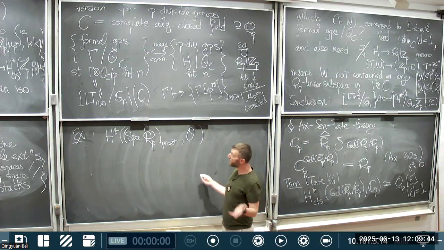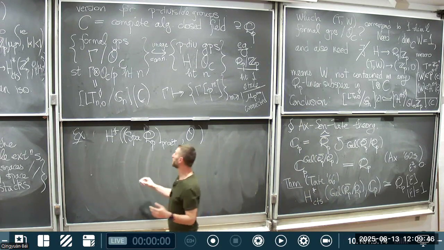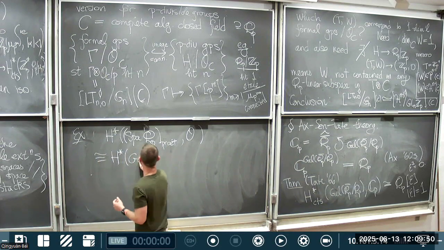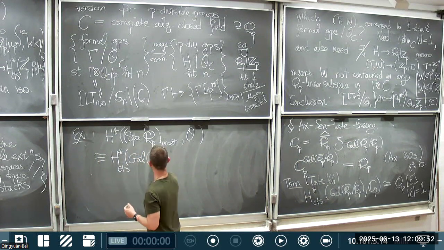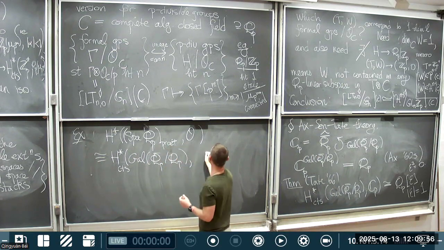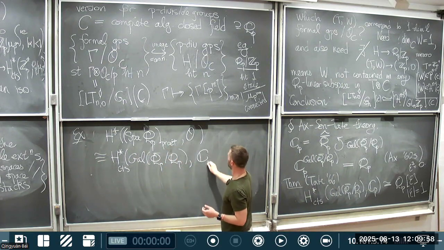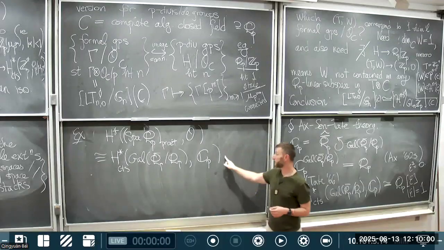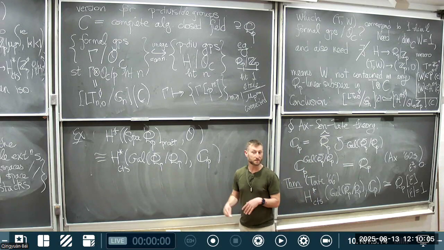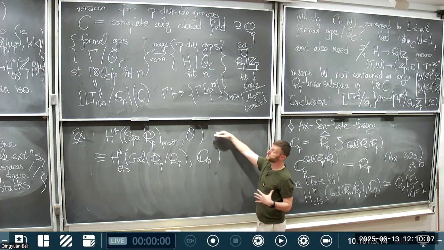And that's Galois, and the group is the Galois group. So this is naturally the same as the Galois cohomology with action on C_p like this. And this was the subject of Tate's theorem, right? So Tate's theorem is an example of a computation in pro-étale cohomology.